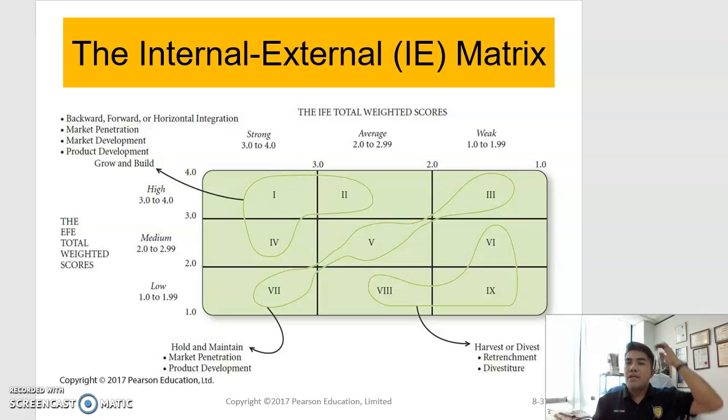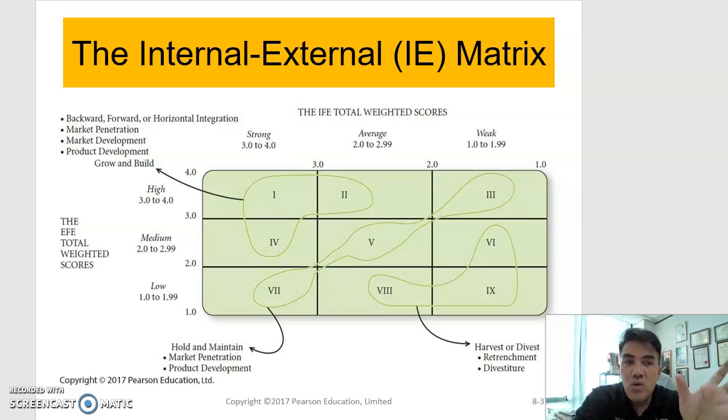So the IE matrix should come from your SWOT, the external factor evaluation and internal factor evaluation. Sorry for the interruption. So in the IE matrix, since you have calculated your internal factor evaluation and external factor evaluation, this is also another tool that you can use in your group project in order to identify which quadrant your company is going to fall into.